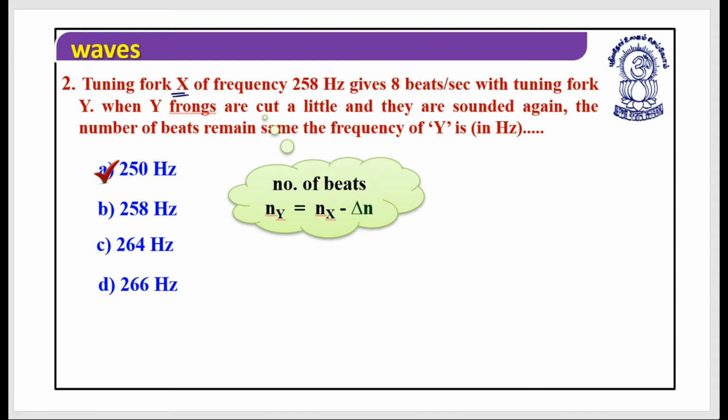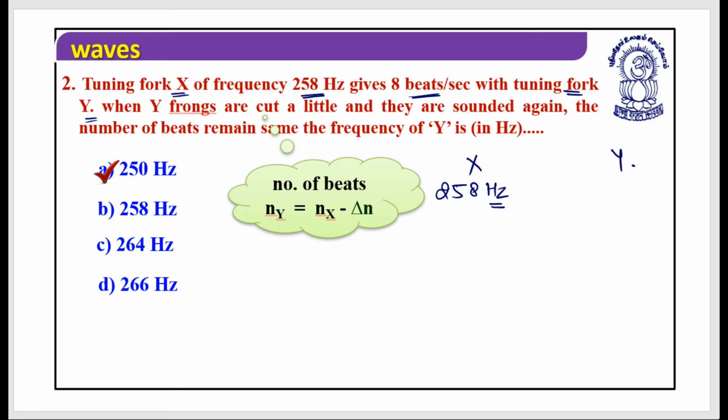Tuning fork X of frequency 258 Hz gives 8 beats per second with tuning fork Y. Okay, so we have two tuning forks, X and Y, and tuning fork X has a frequency of 258 Hz.